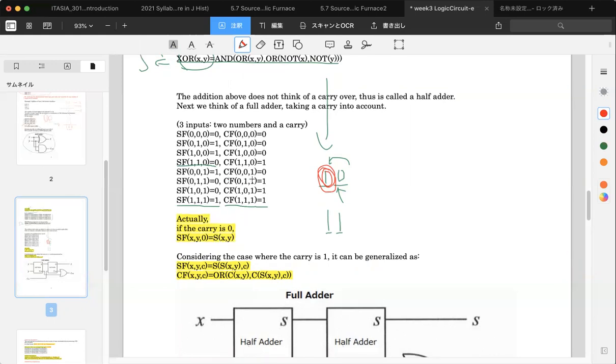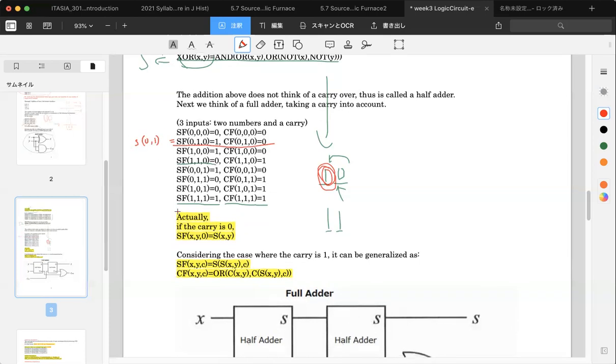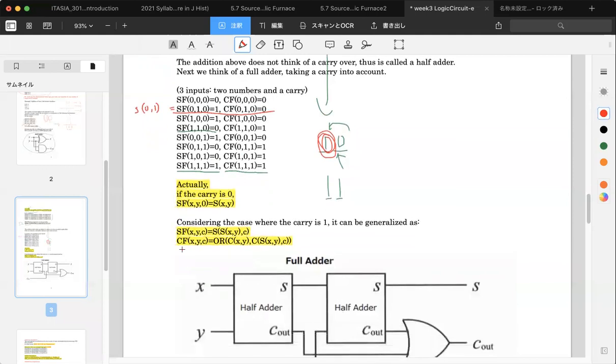So in this case, if the carry is 0, so CF equals 0, then SF of 010 is just equal to S of 01. That's what it means.